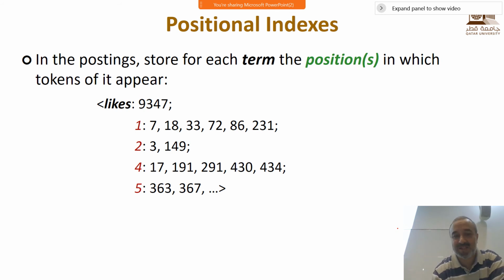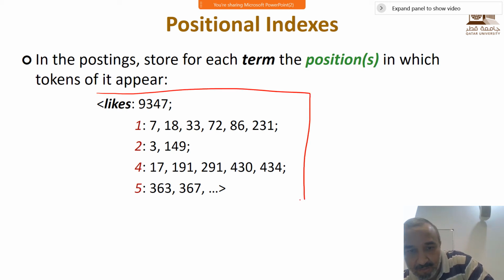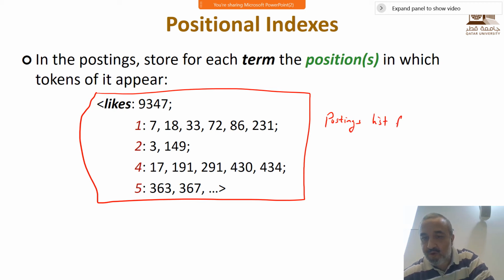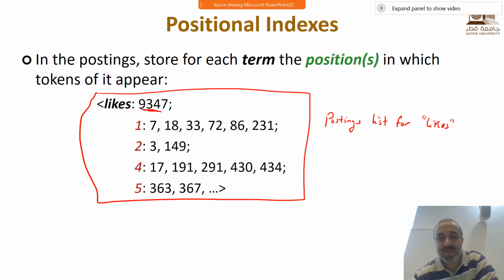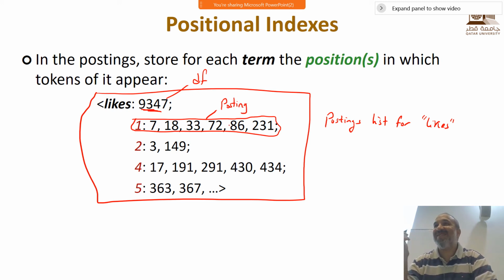So let me explain this. What is this as a whole? Sorry, this is not one posting. This is the postings list for likes. What is this? This is the DF, document frequency. And each of these is a posting.